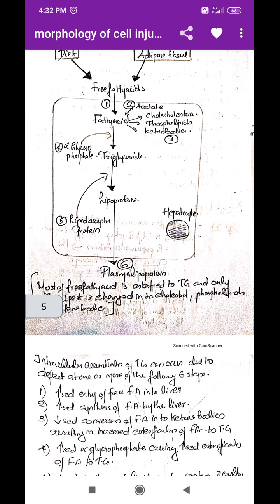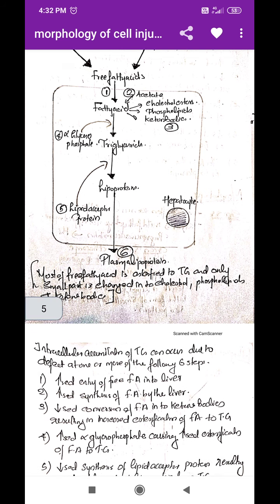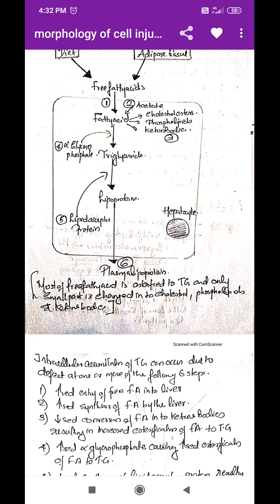Second, increased synthesis of fatty acid by the liver, that is, more of the acetate is converted into fatty acid. Third, decreased conversion of fatty acid into ketone bodies, resulting in increased formation of triglycerides.